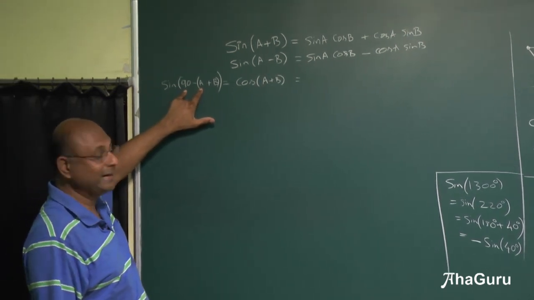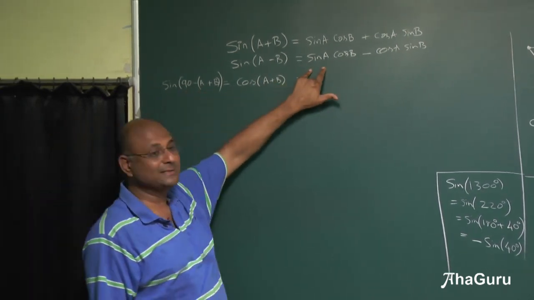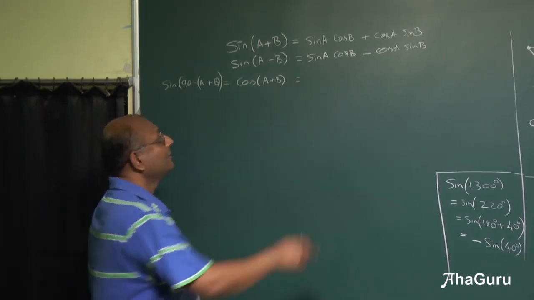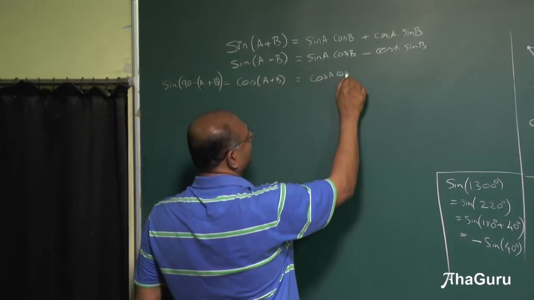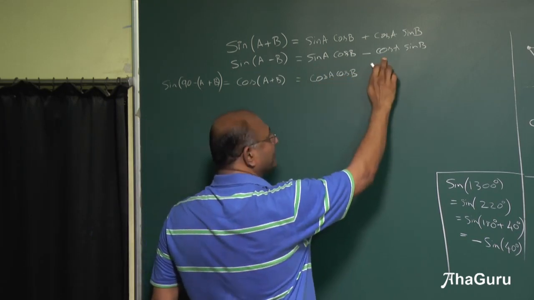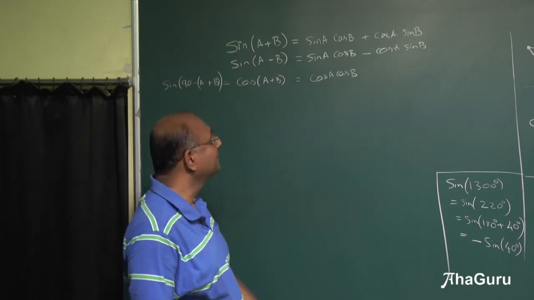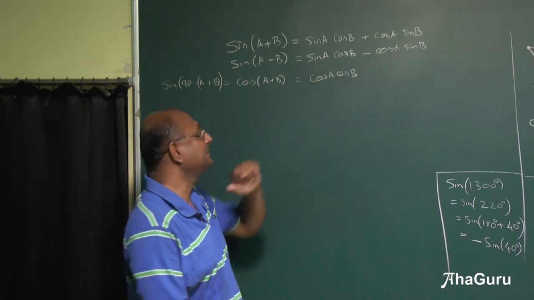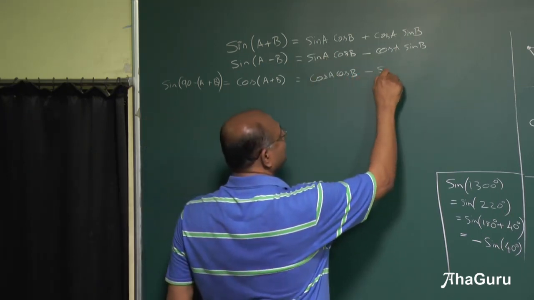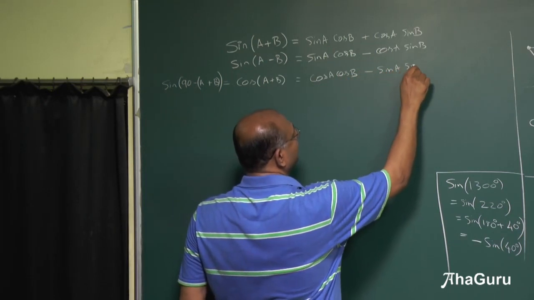But a has become 90 minus a. But sine of 90 minus a is cos a. So this will be cos a cos b. And then this is going to become minus cos of 90 minus a, which is sin a. Minus sin a sin b.